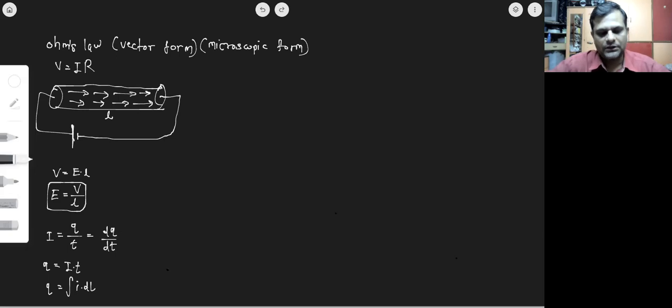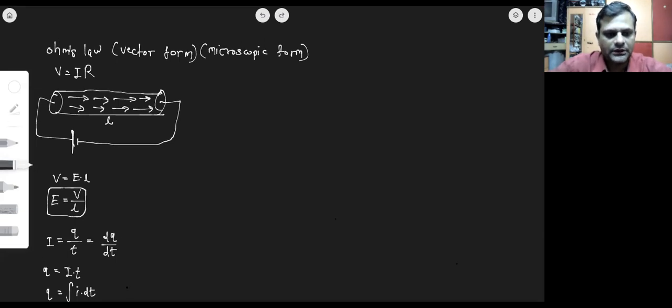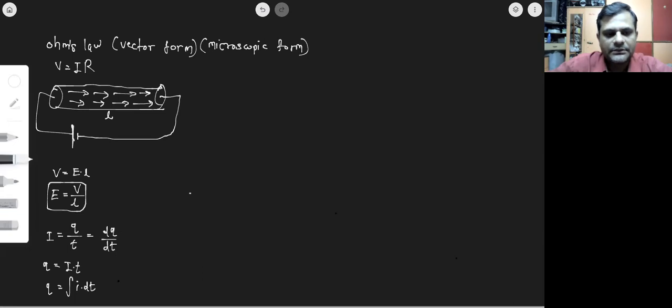Okay, now we have to understand this. We have related current with charge, but current also has a relationship with a vector quantity called current density.